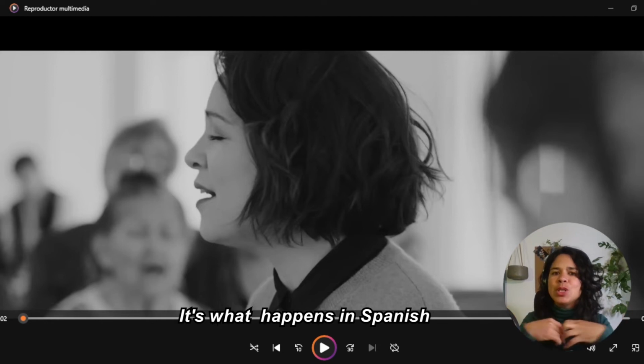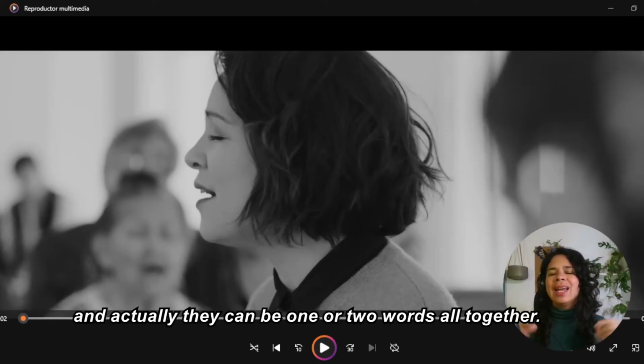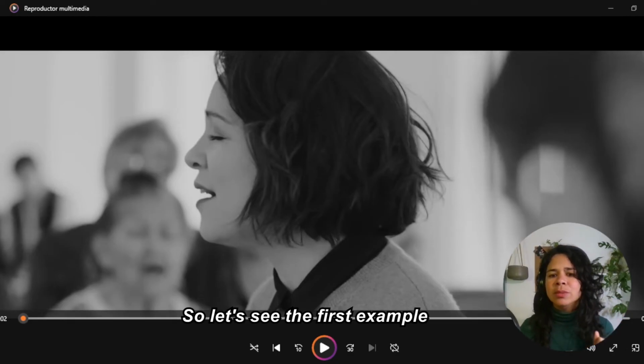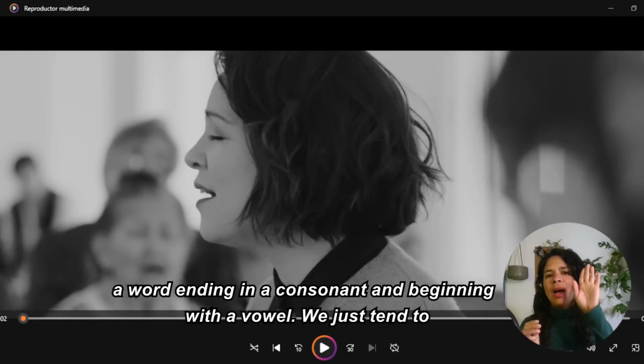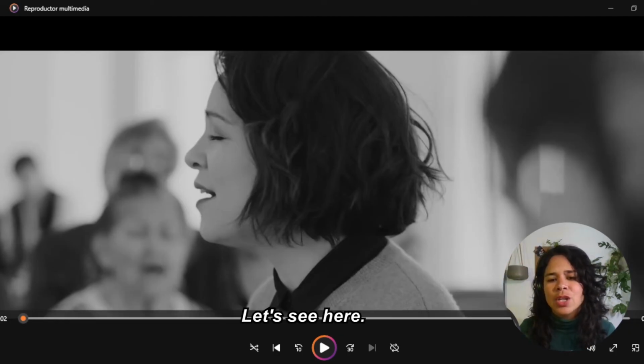It's what happens in Spanish, and it's so hard in the language that we tend to think it is one single long word, and actually there can be two words all together. So let's see the first example, a word ending in a consonant and beginning with a vowel. We just tend to get it closer, put it together, and say one single thing. Let's see here.